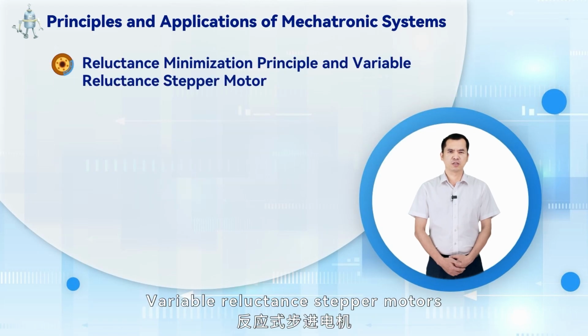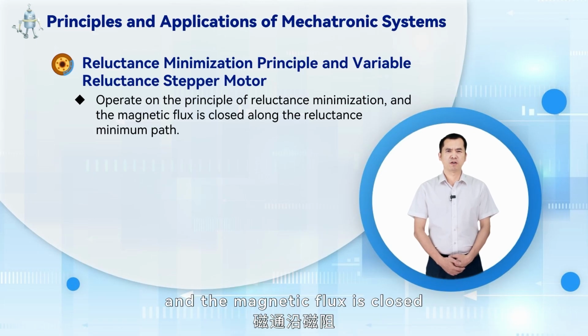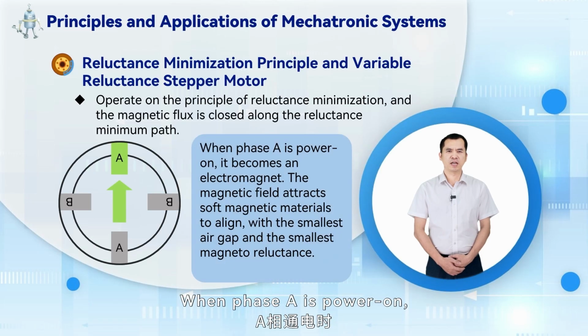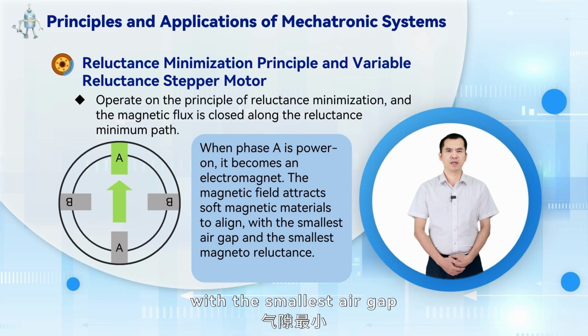Variable reluctance stepper motors operate on the principle of reluctance minimization, and the magnetic flux is closed along the minimum reluctance path. When phase A is powered on, it becomes an electromagnet. The magnetic field attracts soft magnetic materials to align with the smallest air gap and the smallest magnetic reluctance.